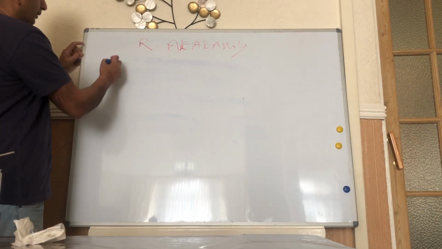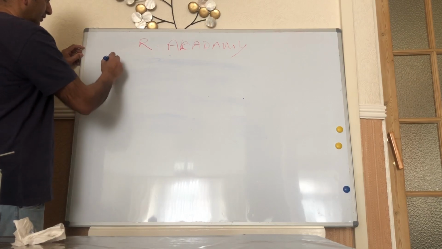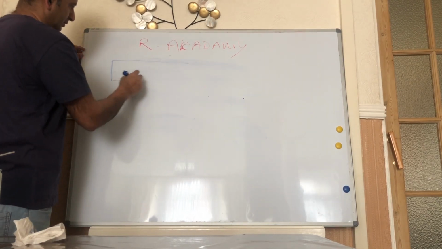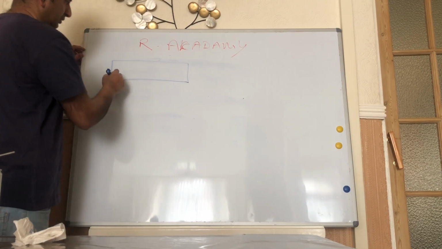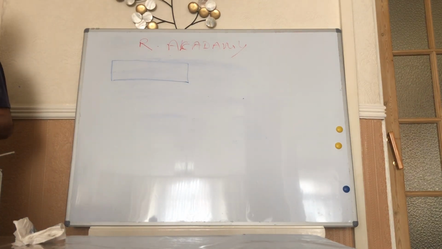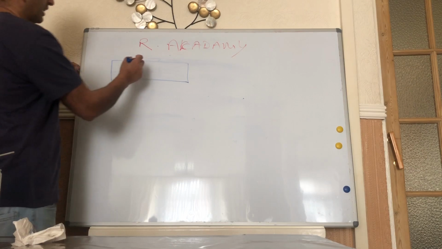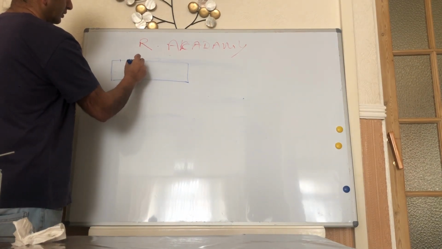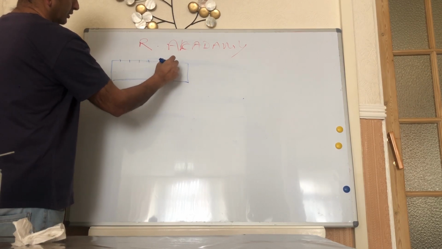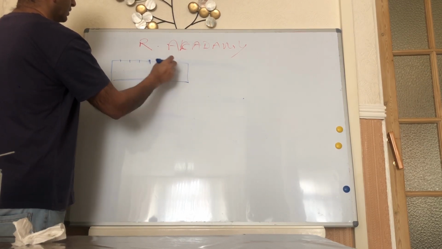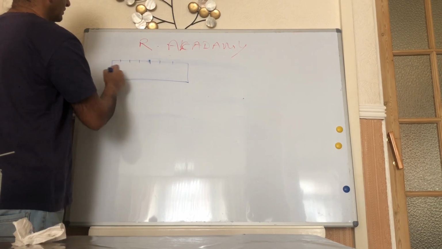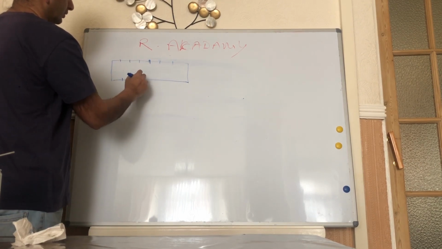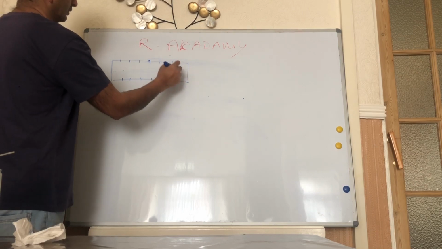So basically we've got a bar of chocolate, and it's 14, so it's 7. 1, 2, 3, 4, 5, 6, 7, 1, 2, 3, 4, 5, 6, 7.